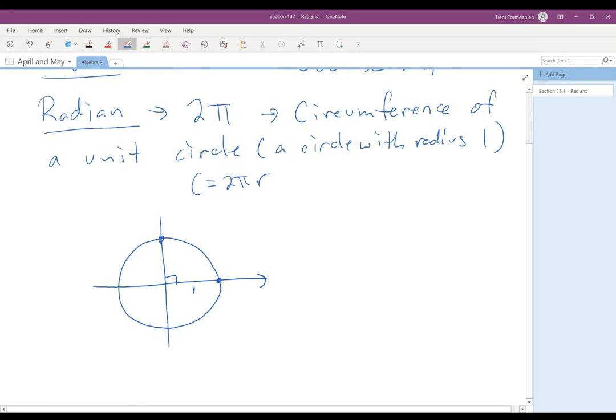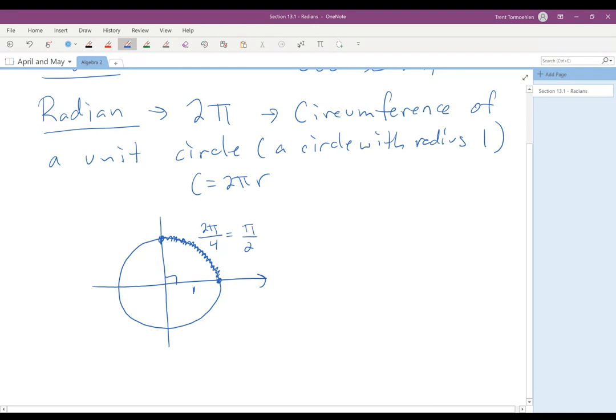What would be the measure of 1/4 of a circle? Well, we know that in degrees it's 90 degrees, but in radians it's just going to be 2 pi divided by 4, right? 1/4 of the circle, and 2 pi divided by 4 just equals pi over 2.